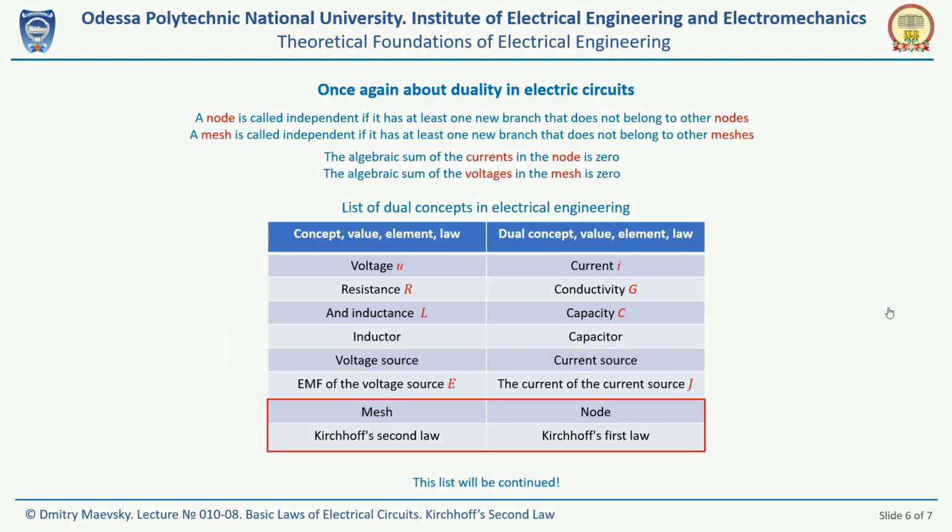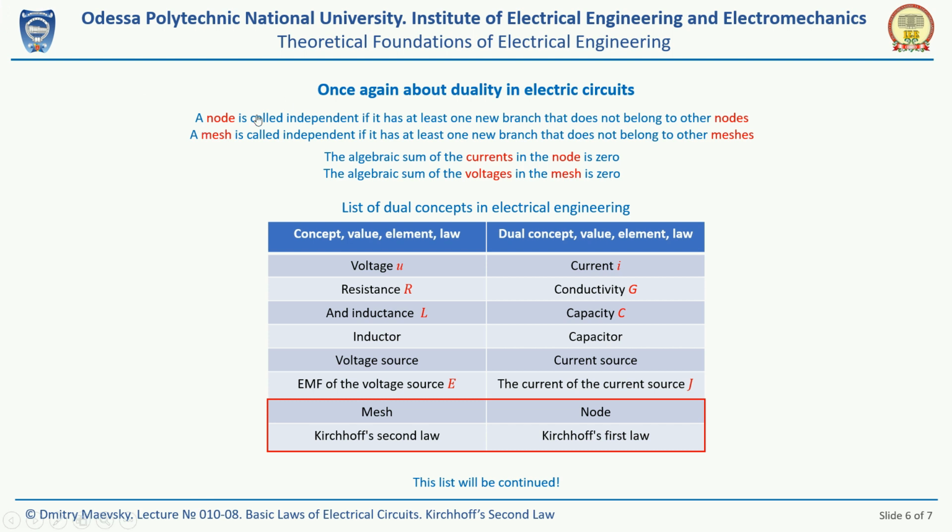And let's talk once again about the duality in electric circuits. In our lecture number 6, when we studied nodes and meshes in electric circuits, we said that a node is called independent if it has at least one new branch that doesn't belong to other nodes.